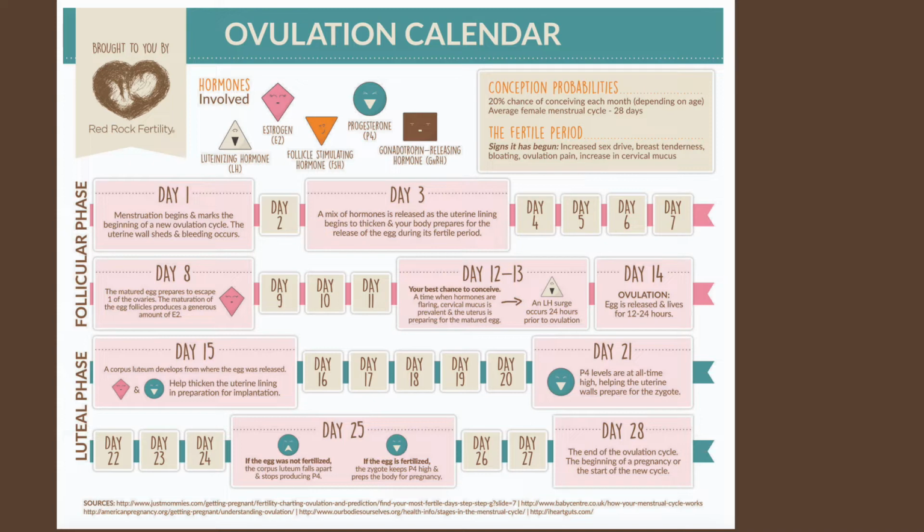After the uterus sheds its lining, and then in response to hormones, the lining thickens and the egg follicles mature. Around day 12 to 13, the cervical mucus is increased. Around day 14, the egg is released and only lives about 24 hours. This is when a person can become pregnant.